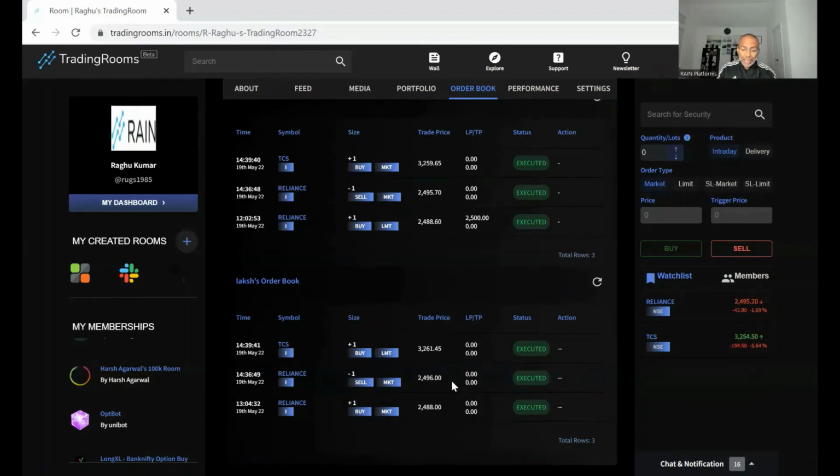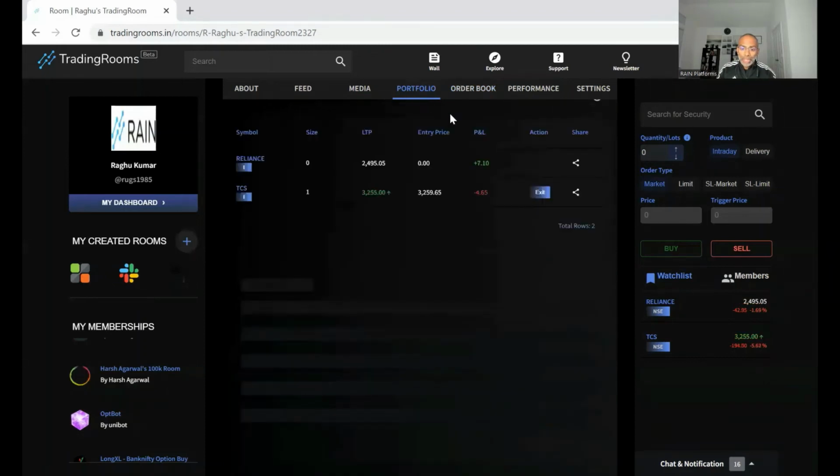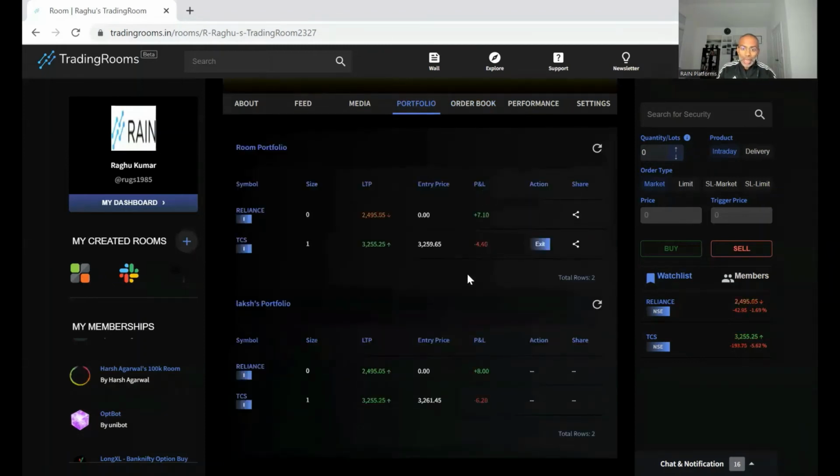It's basically slippage. Slippage will cause the actual price of the order to be a little different from the order that was placed at the room owner's level. When I go to the portfolio, I can see that on the room owner's level, this is how the order came through.